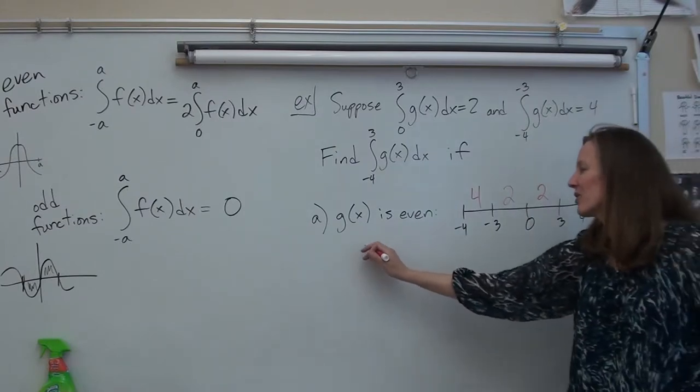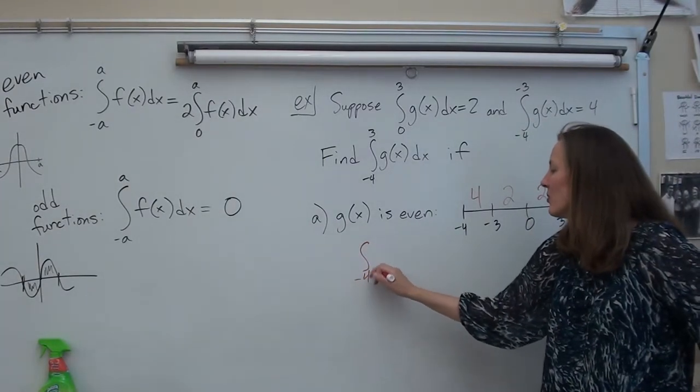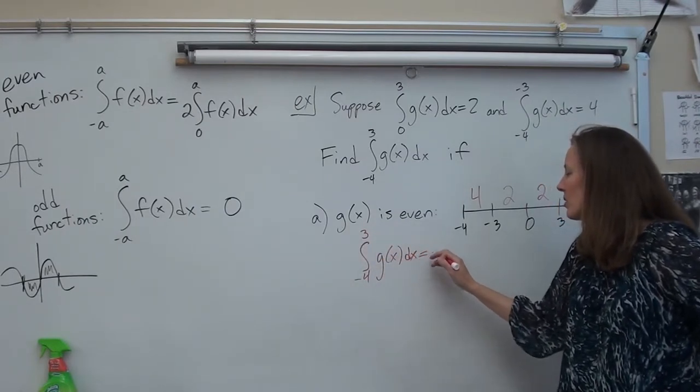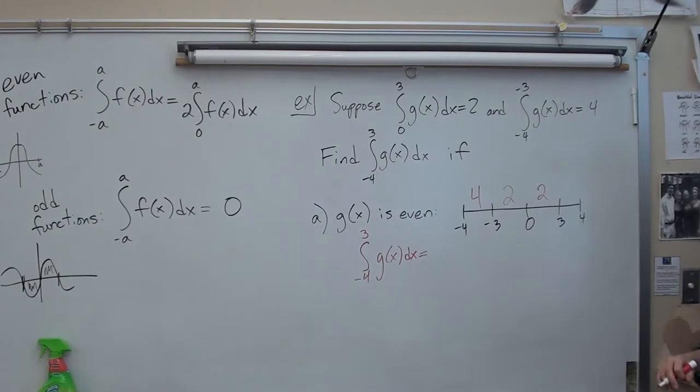So the integral from negative 4 to 3 of g of x would be what? It's definitely 8.